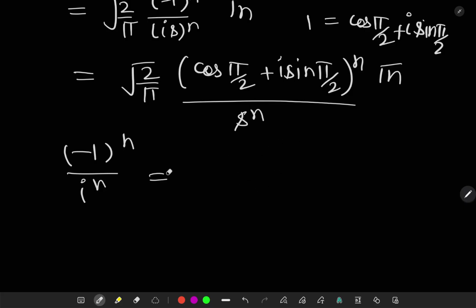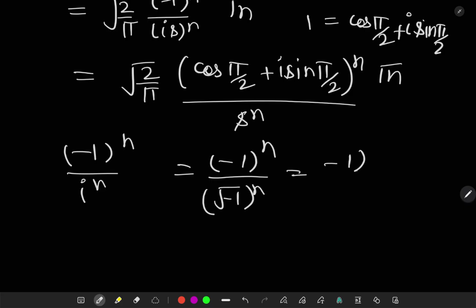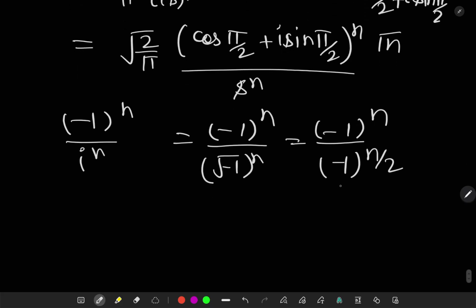This equals to this. And as we know that iota is equal to this, so we can write here this, and these are both the same terms.